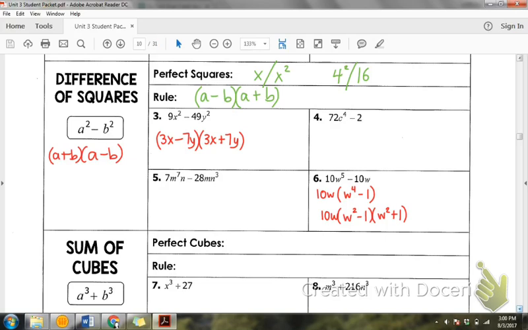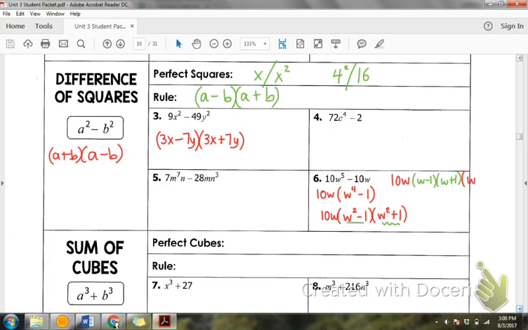Is this finished? Oh, look, w squared minus 1 can be factored again. Now, pause. Can w squared plus 1 be factored again? No, because it's addition, right? So I have my 10w out front. I'm going to write it up here. My w squared minus 1 becomes w minus 1, w plus 1.